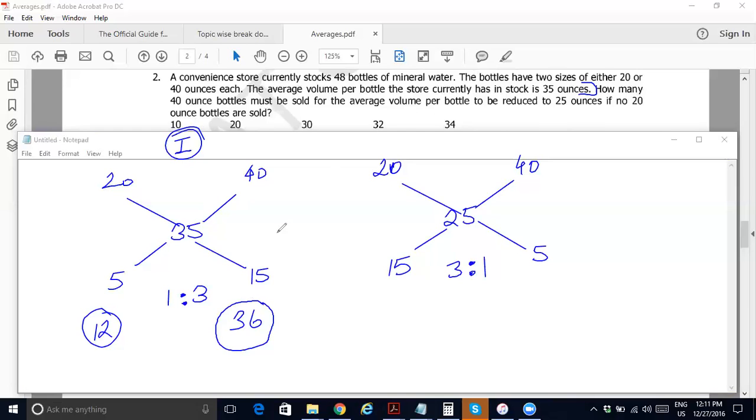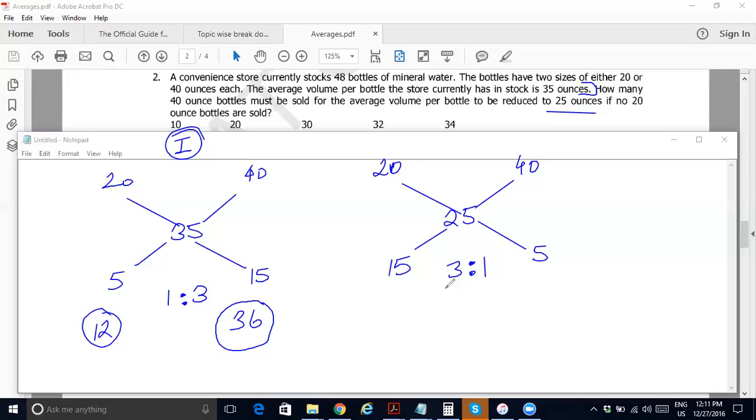Now the question started: how many 40-ounce bottles must be sold? And the average volume per bottle significantly reduced. It has gone down to 25. So since we are given that actual number 25, we are calculating the final ratio that we have. How many 20-ounce and 40-ounce bottles do we have now?